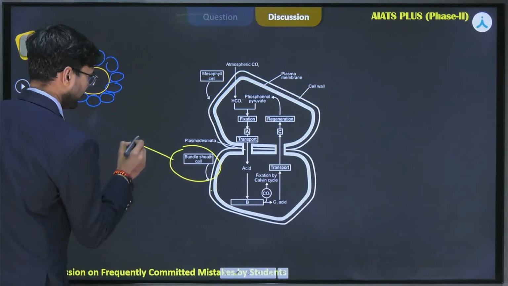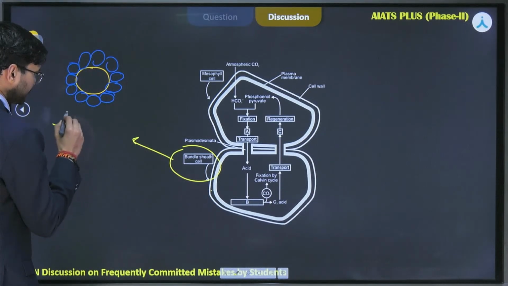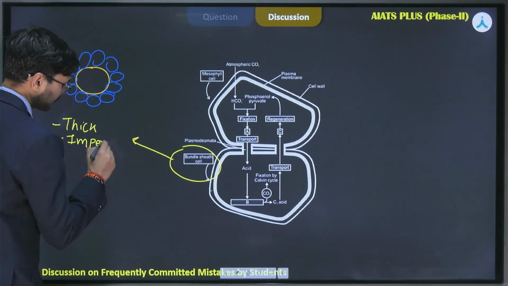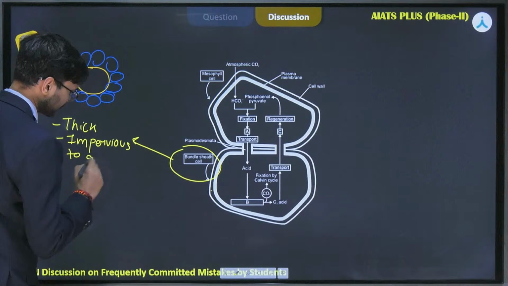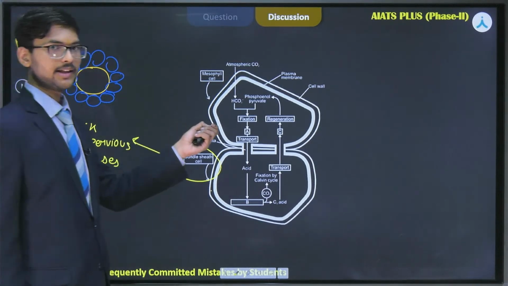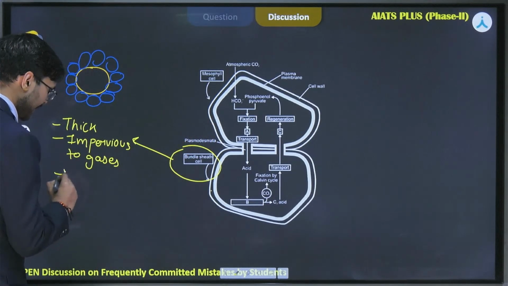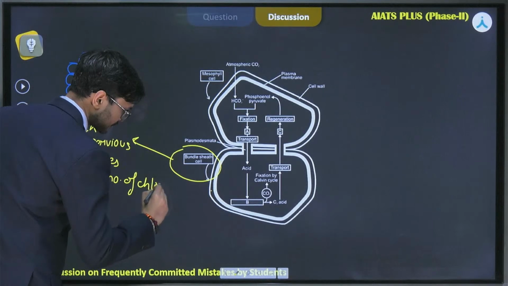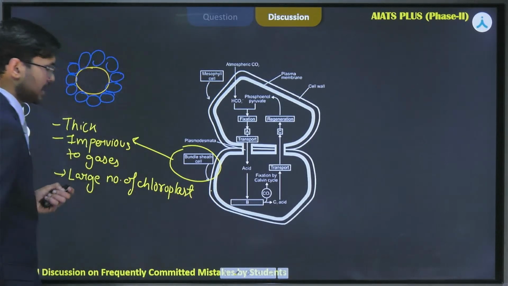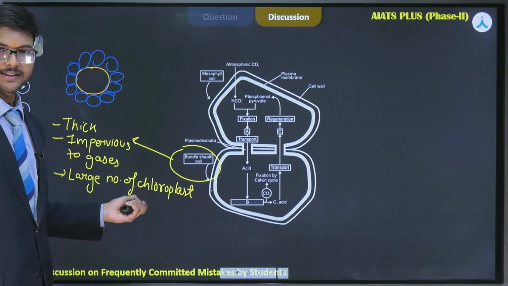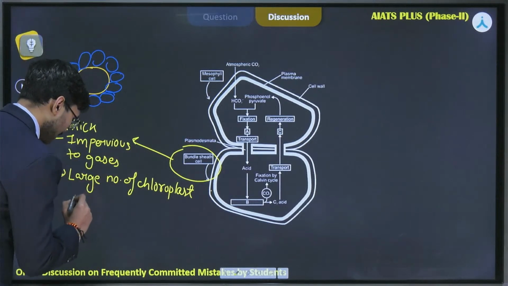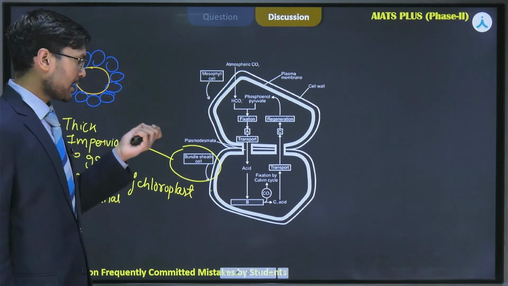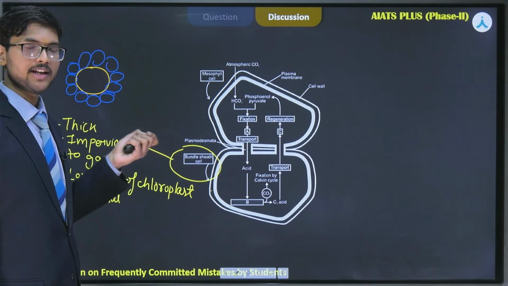The cell wall of the bundle sheath is quite thick and impervious to gases, while on the other hand the mesophyll cell is pervious to gases, and the bundle sheath cell has a large number of chloroplasts. The chloroplasts in the bundle sheath cell are agranal, that means they do not contain grana, while in the mesophyll cell the chloroplast is granal, that means the thylakoid membranes are stacked and they form grana.